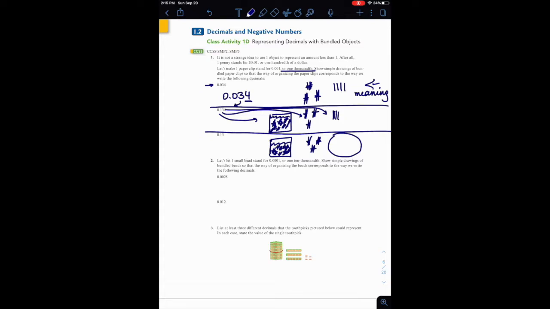So I'm going to leave number 2 to you, and they're asking for beads, but feel free to represent them with toothpicks as well, just for simplicity of drawing. If each of the units or each of the toothpicks or beads is 10,000th, then how would you represent these numbers?